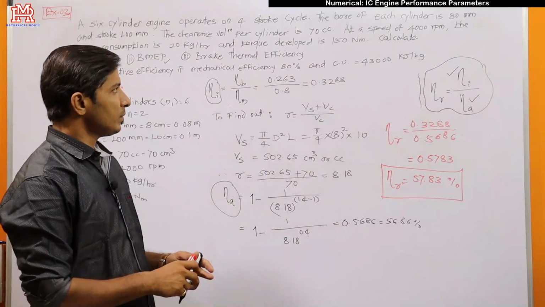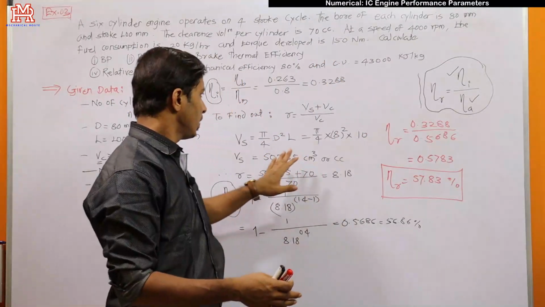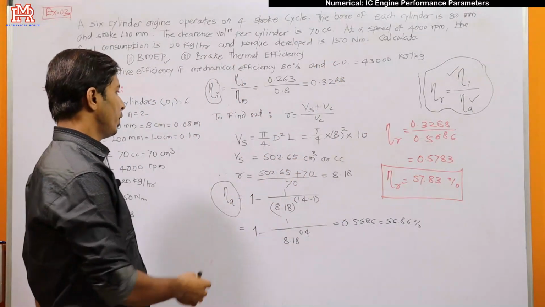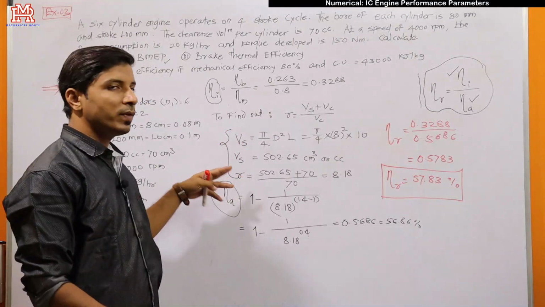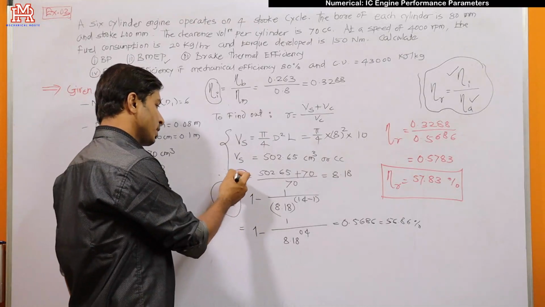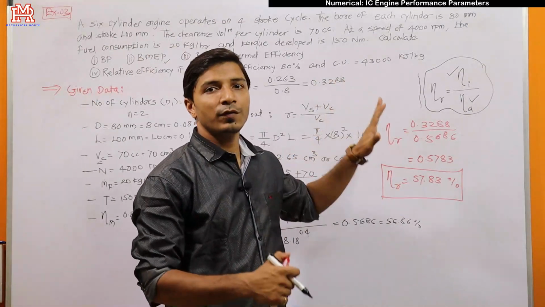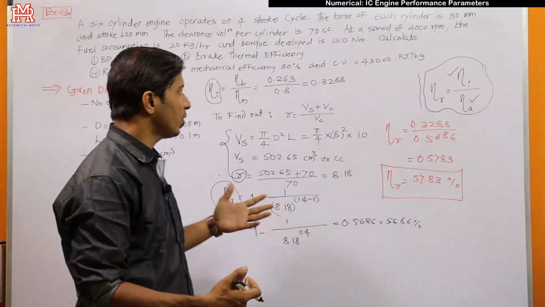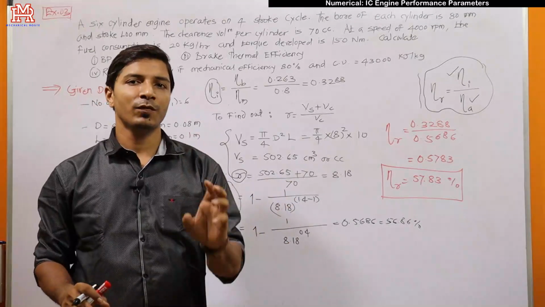Sometimes the numericals may consist of some simple formulas. These parameters we have also discussed in engine terminology: what is Vs, what is Vc, what is r, the compression ratio. So in this way you have to practice different numericals, and you will get to know some specific terms or basic formulas used.